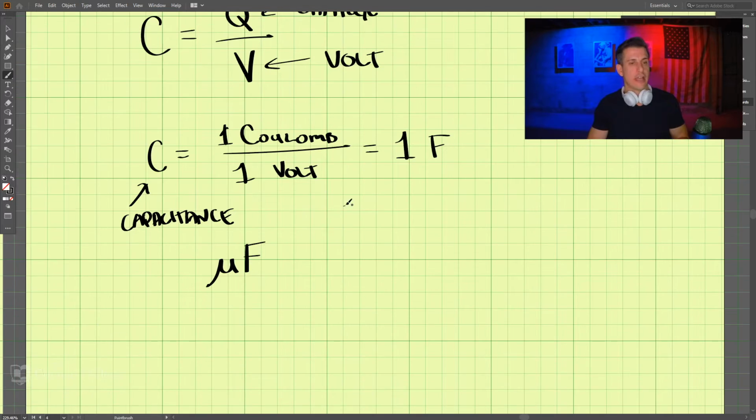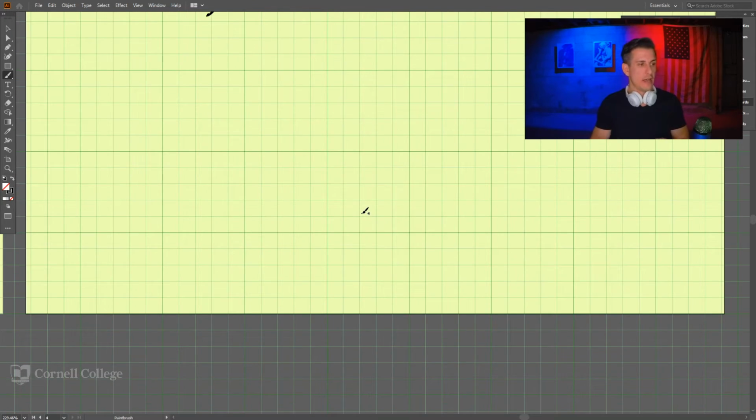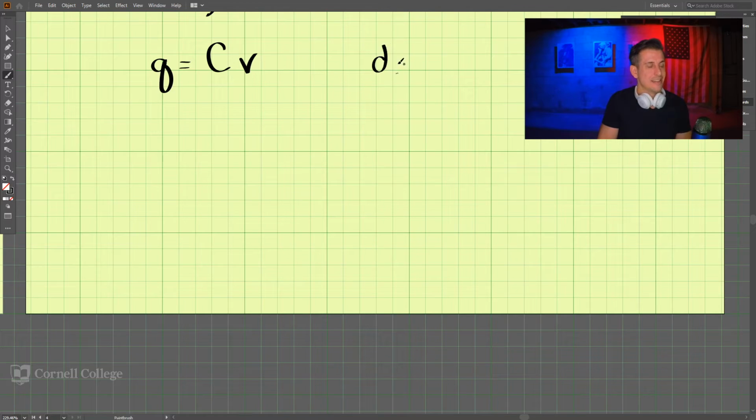Now, if you remember, we said that the charge is equal to the capacitance times the voltage. And if you remember, dq dt, the change of charge with respect to time, is equal to the current.